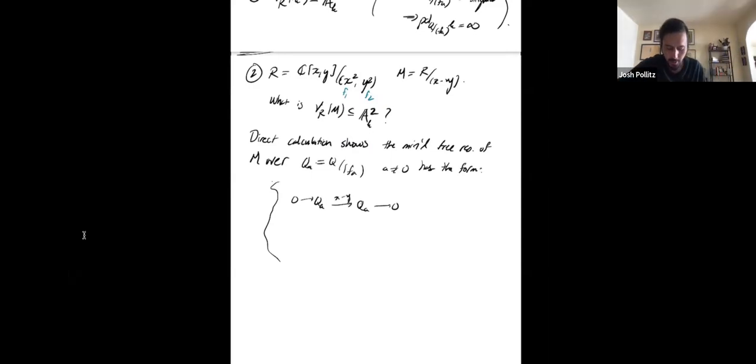So this is when a_1 is not equal to negative a_2. And when a_1 equals negative a_2, you can show that the resolution has a very particular form. So it's Q_a, 2, and so on. And you can write down these matrices explicitly.